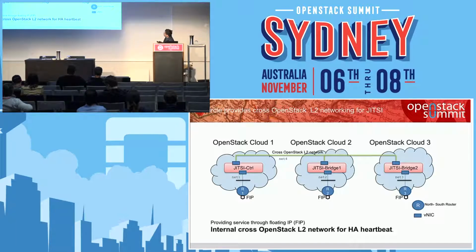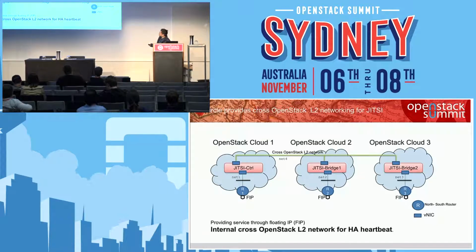Each virtual machine has two interfaces. The other interface can communicate with each other through the cross-OpenStack VXLAN network. But north-south traffic will go directly through the local router and floating IP. So this layer 2 network is mainly for the heartbeat.